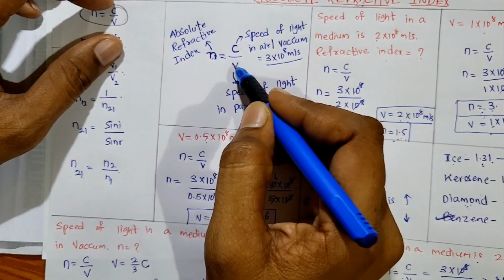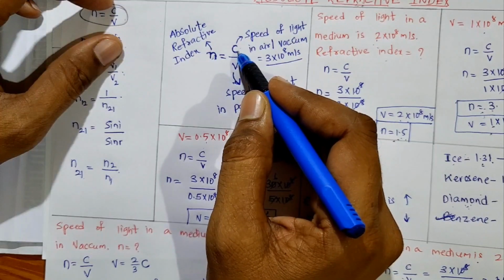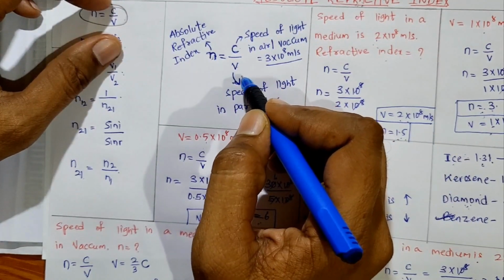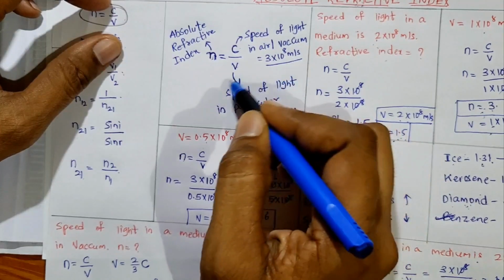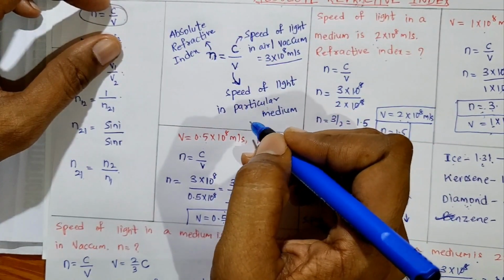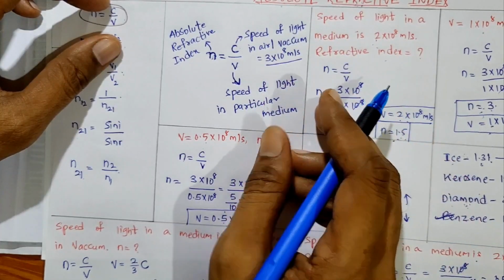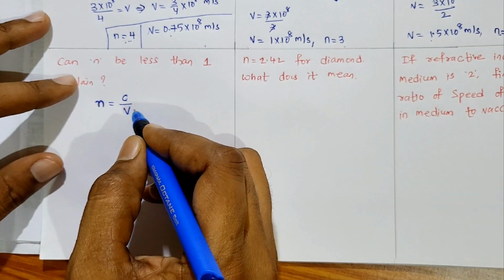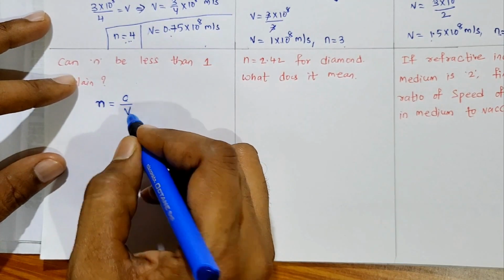So if you want v to be greater than c, then there should be a medium existing in which the speed of light is greater than 3 into 10 power 8 meters per second. Yes or no? Please try to understand. If you want this value to be lesser than 1, then there should be v greater than c.